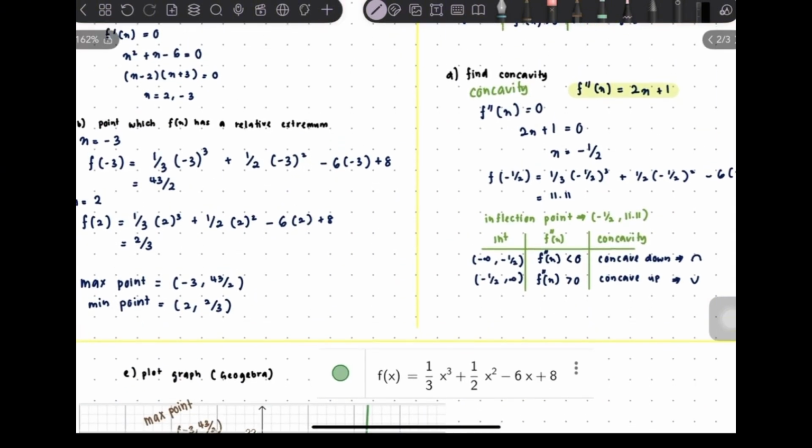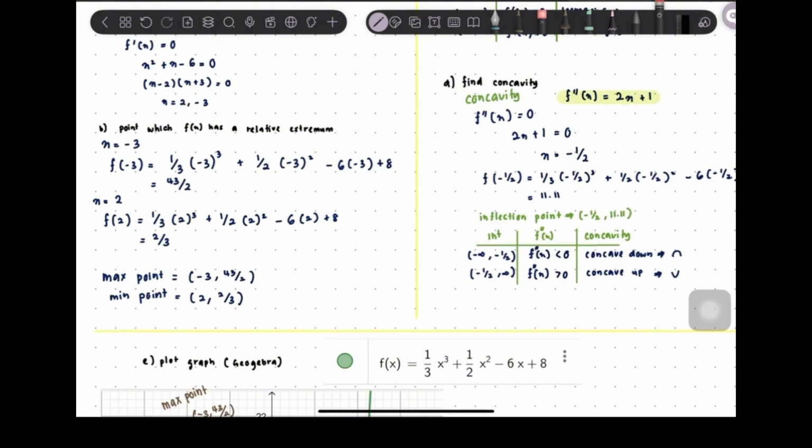Next, I found the relative extremum for f(x) by inserting the critical numbers into the original function. When x = -3, f(x) I got 43/2, and x = 2, f(x) equal to 2/3. The maximum point is (-3, 43/2), and the minimum point is (2, 2/3).